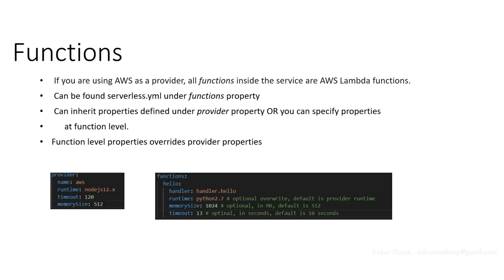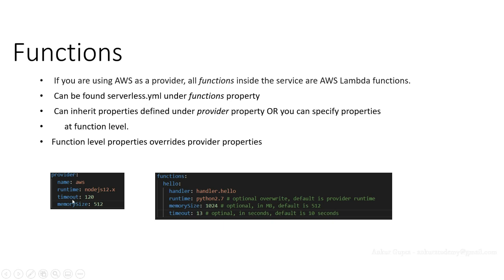Now all the functions that we are going to create, because we are using AWS as our provider, are going to be Lambda functions. In our first Lambda function example, we saw how we had certain properties under the provider section like name and runtime, and these properties get inherited by all the functions that we define under the functions property.